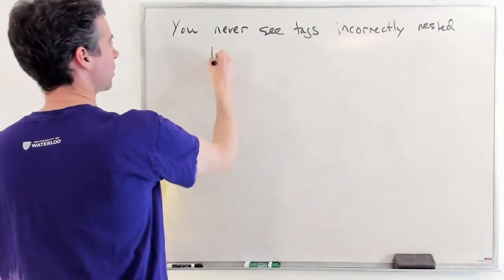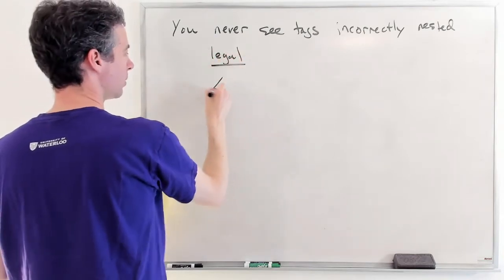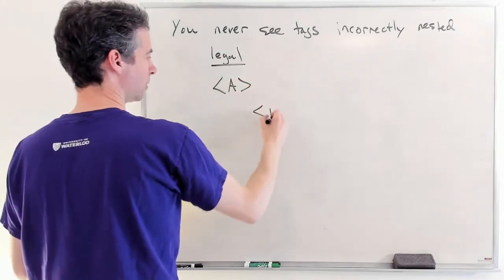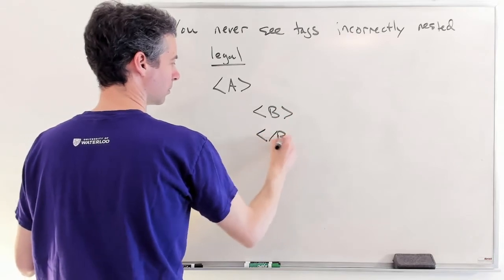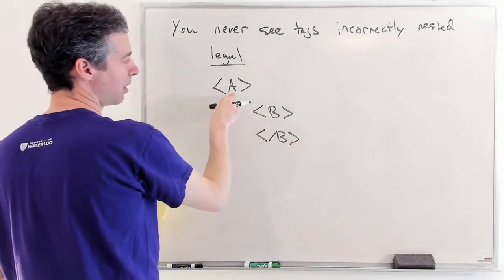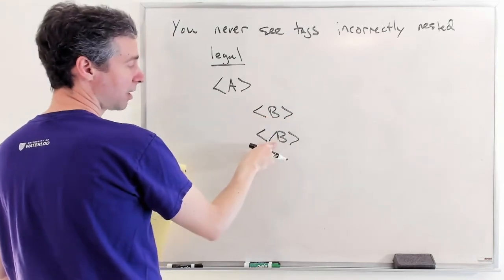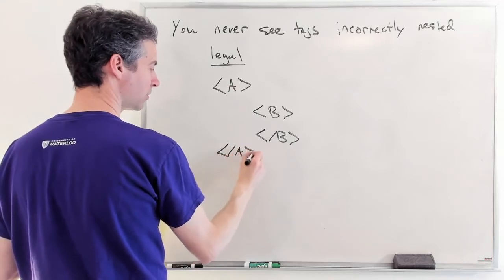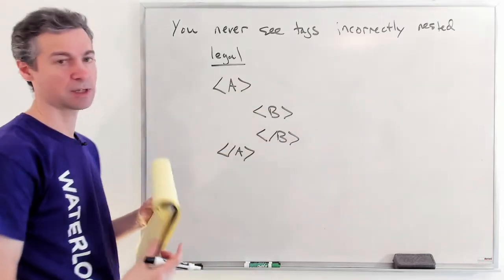Everything always has a legal setup, and in XML, these types of markups, tags are always properly nested. So if we start an A tag and we start another tag inside of it, we will end that tag before we end the A tag, before we end the enclosing tag. Everything in XML is always nested in this fashion.